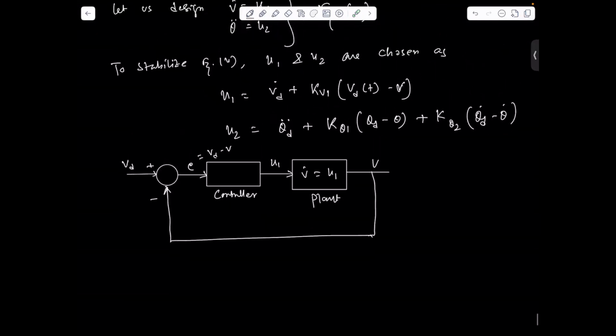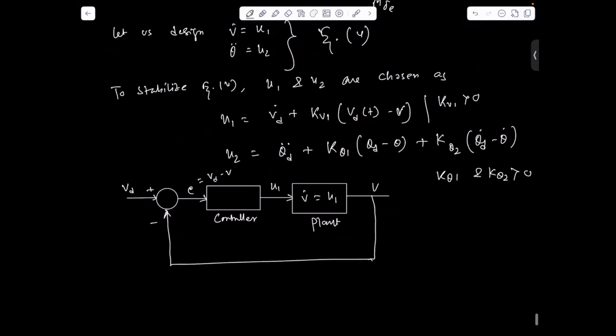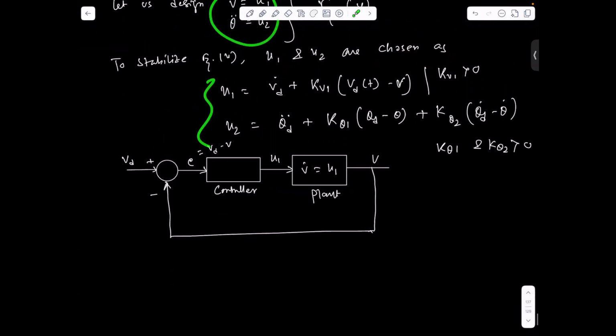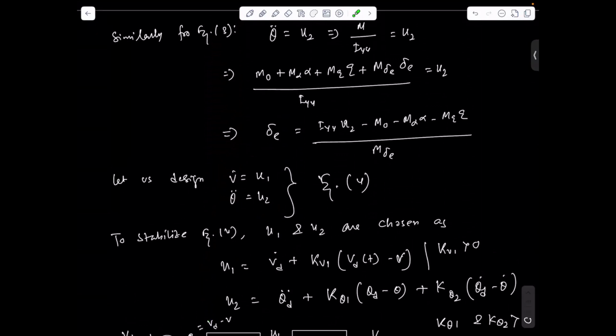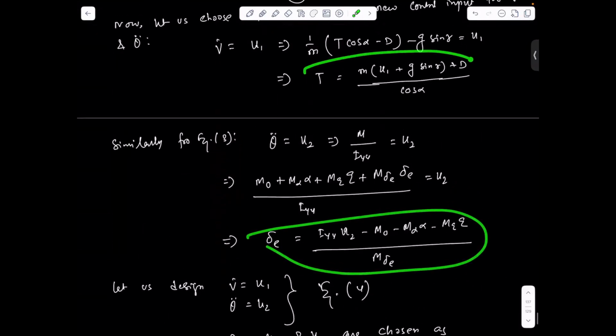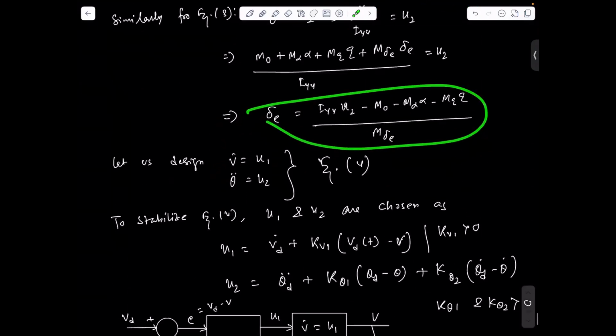If you substitute one more thing here, k v1 is positive, and k theta 1 and k theta 2 are also positive. Now from these two equations, if we substitute in this expression and this expression, we can come up with the control.